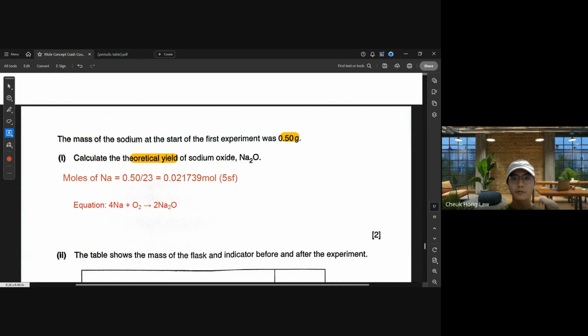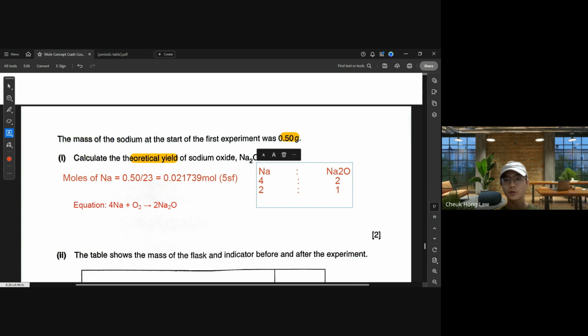The next step, to find the theoretical yield, we have to compare the mole ratio. So I'm going to compare sodium to sodium oxide. So it will be 4 to 2, and in simpler form is 2:1.